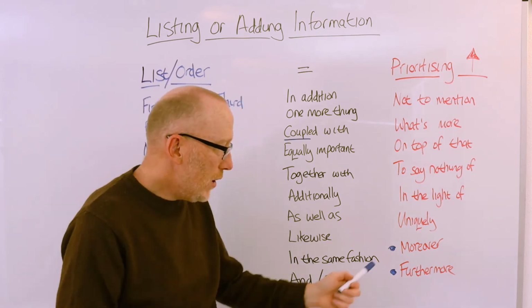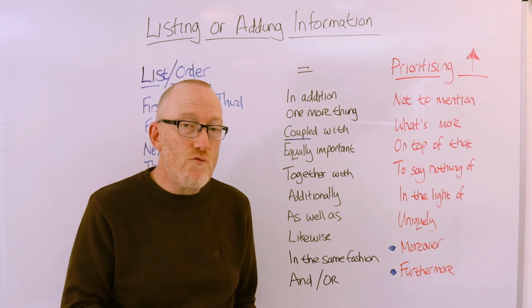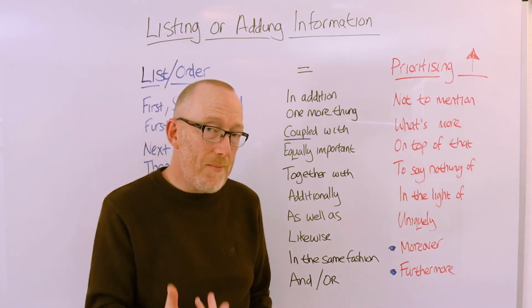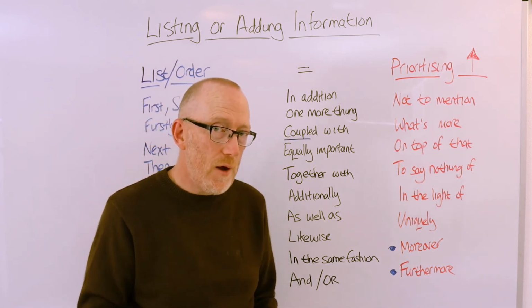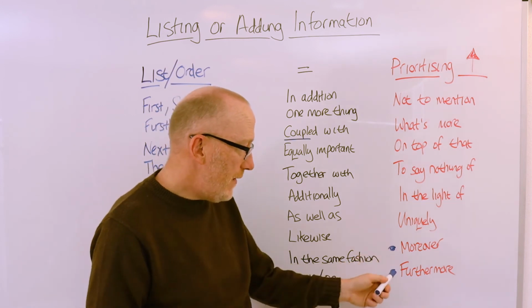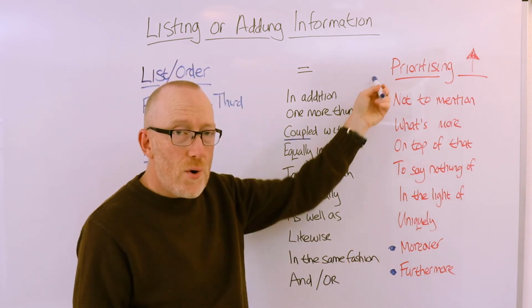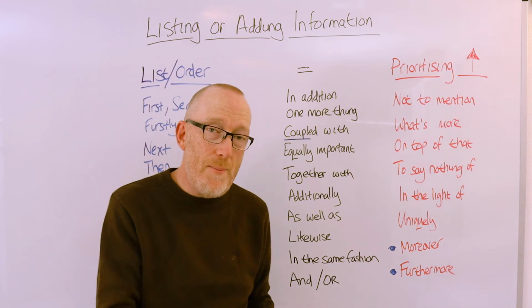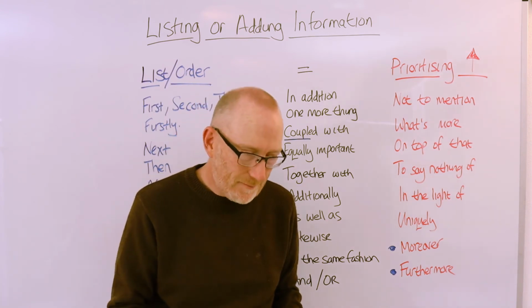Yeah? And a lot of you guys use these words without really understanding the true meaning of the words. So, moreover and furthermore allow you to prioritize over and above anything else.